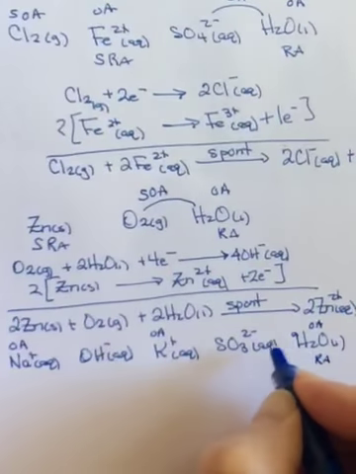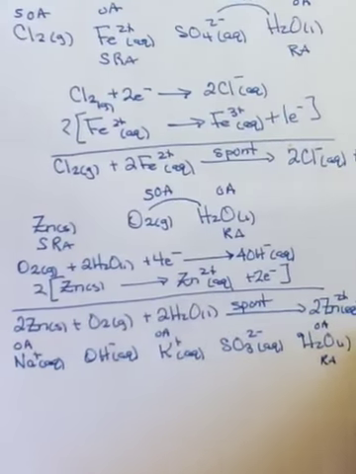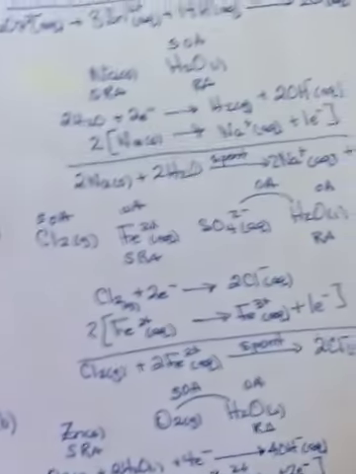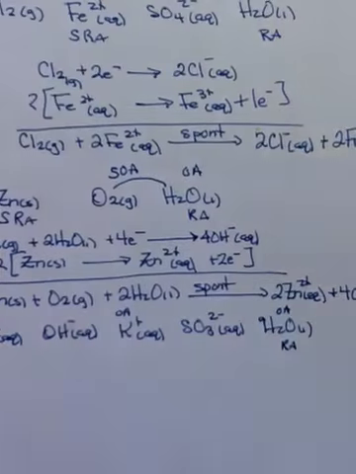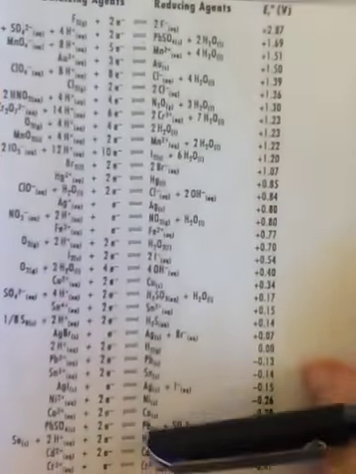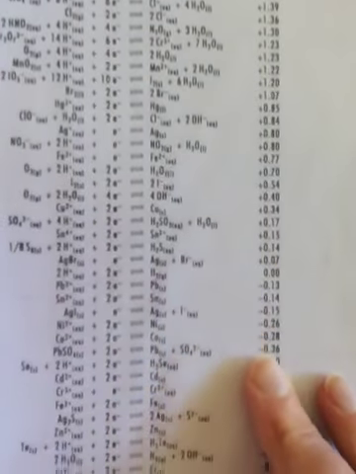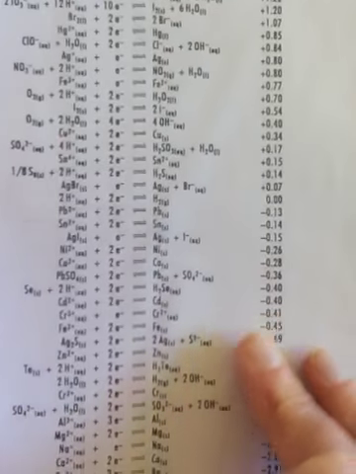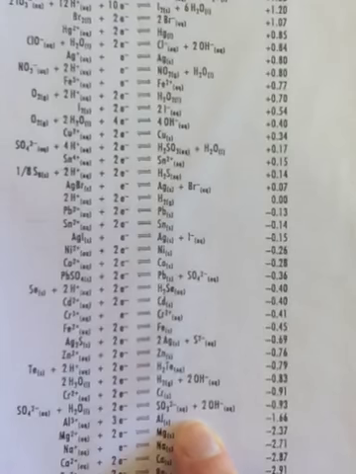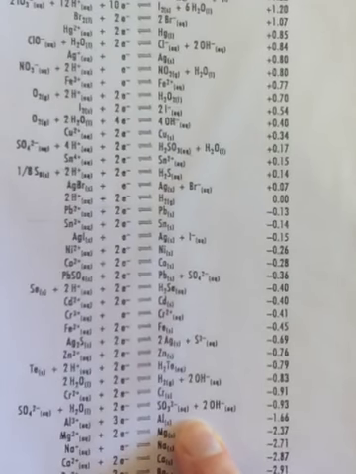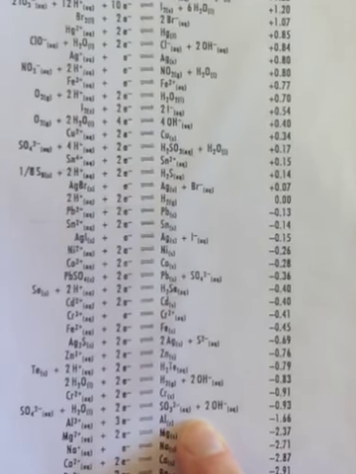All right, we've used the SO3 2 negative earlier. I don't know if you remember or not, but we found it on the RA side, right down here. So it's an RA, and it's linked with OH, by the way, for that.